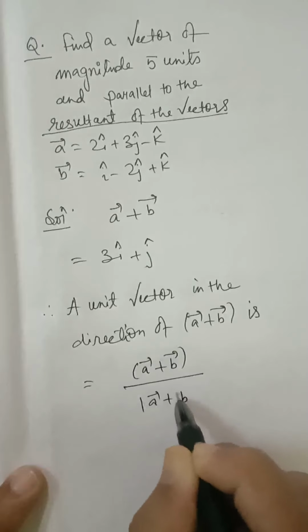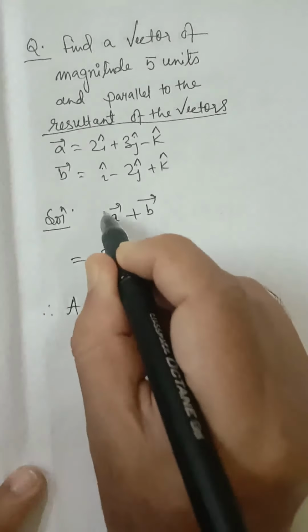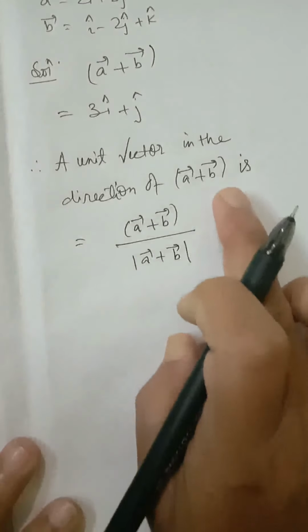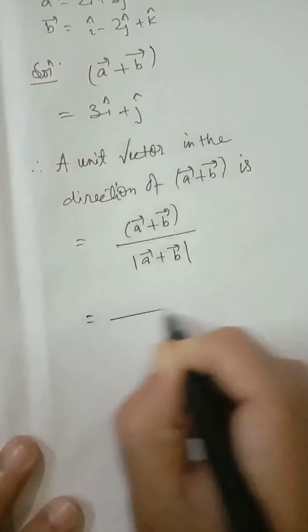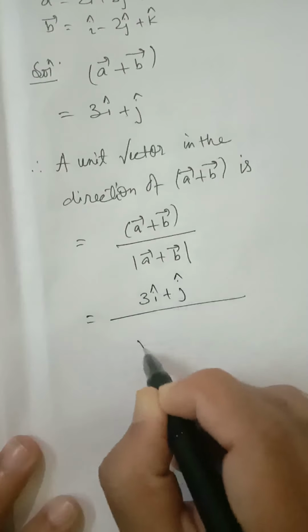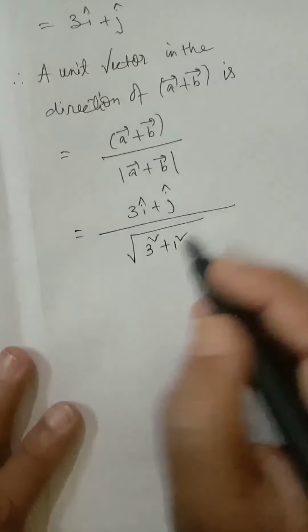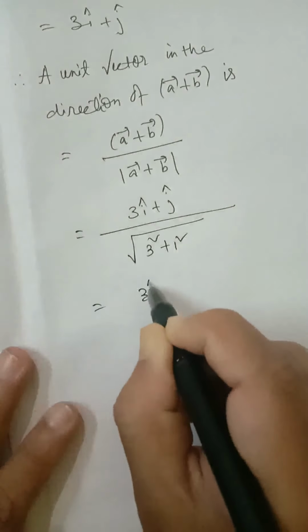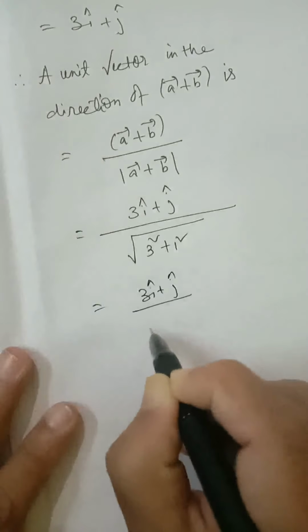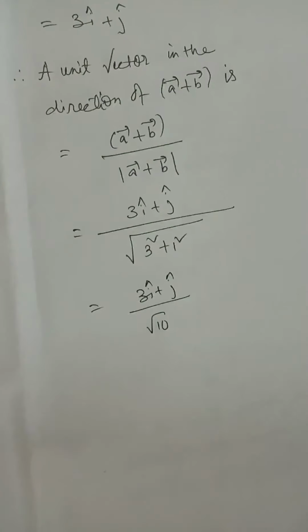So this will give us the unit vector in the direction of a plus b: a plus b by modulus of a plus b. So this will be 3i plus j by root over 3 square plus 1 square. So ultimately this will be 3i plus j by root 10. This is a unit vector in the direction of a plus b.